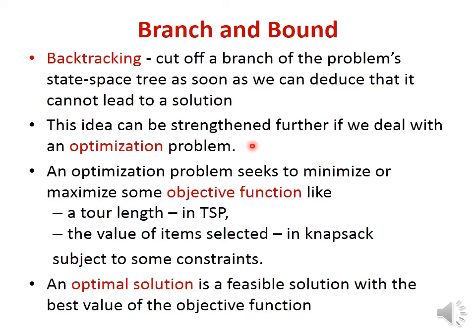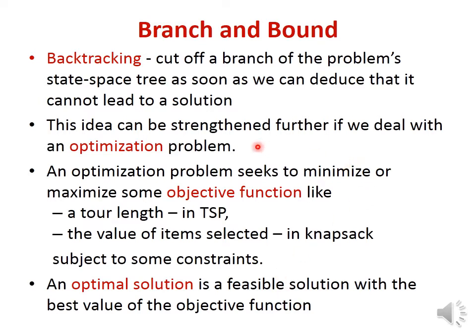We can fill the knapsack with different combinations of the items, but we need to fill it in such a way that the total weight of the items does not exceed the capacity of the knapsack, and the profit should be as much as possible. So the objective is to maximize the profit. An optimal solution is a feasible solution with the best value of the objective function.